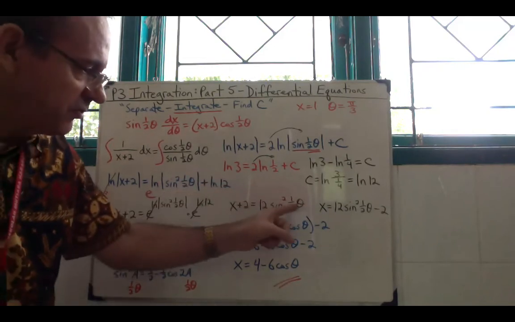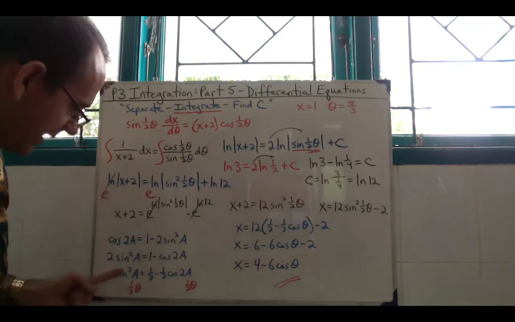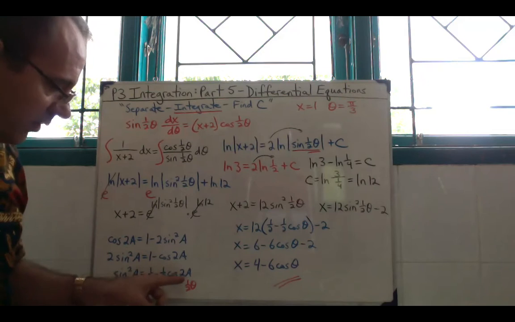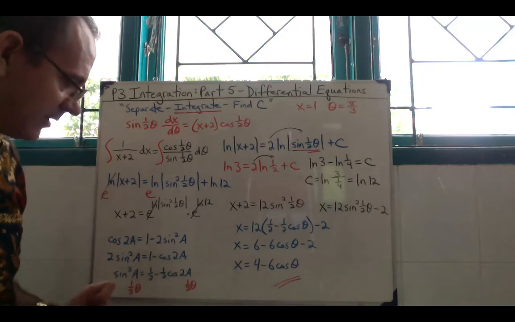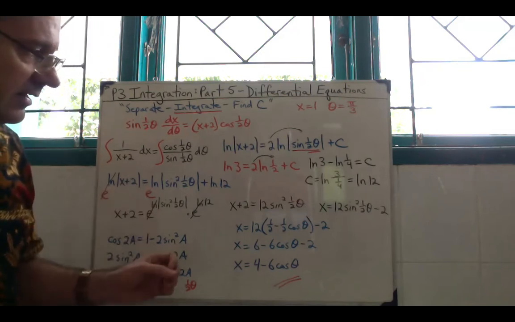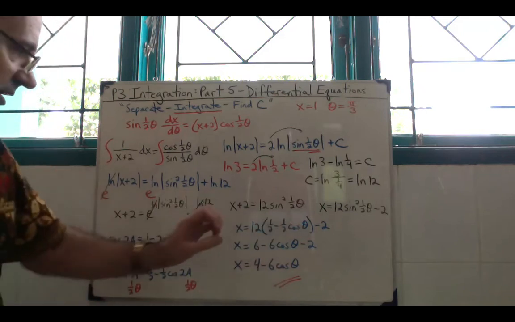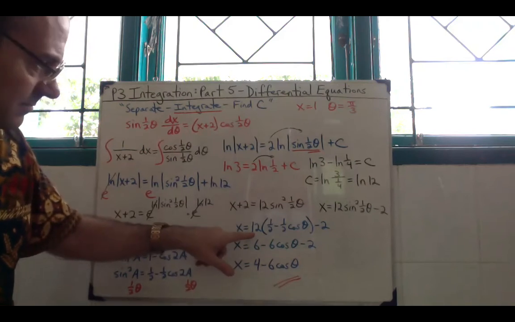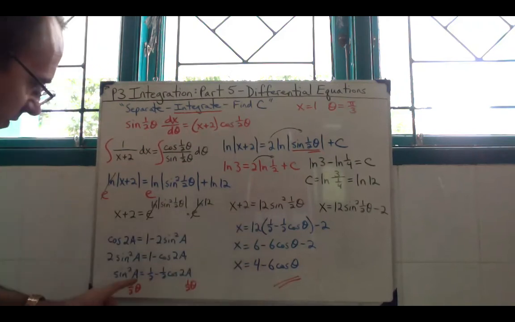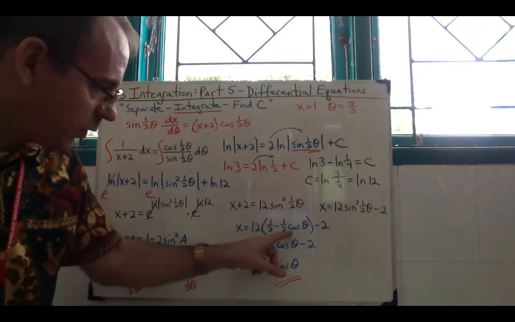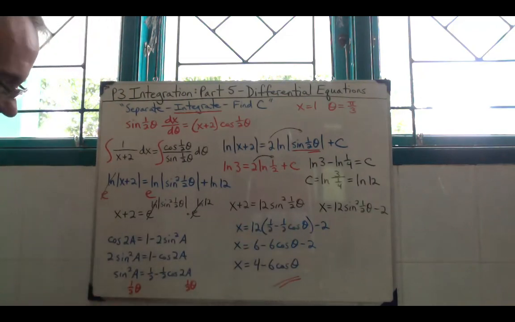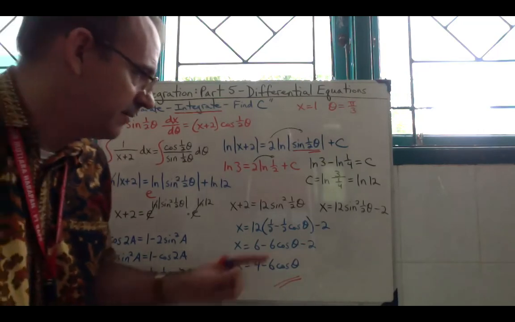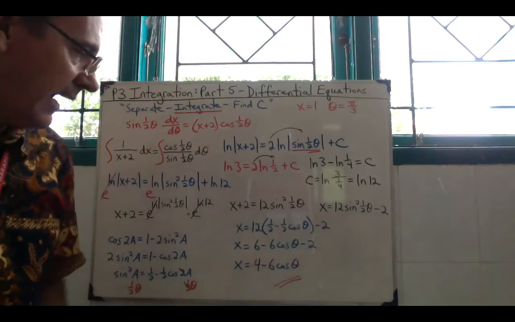Now we can substitute the 1/2 theta in for the a. So our sine squared 1/2 theta. And over here, the 2 and the 1/2 are going to cancel, and it's just going to leave us with cosine theta. So when we substitute it in, we get x equals 12 times this 1/2 minus 1/2 cosine theta, because the 2 and the 1/2 canceled, just leaving the theta, and then the minus 2 at the end.